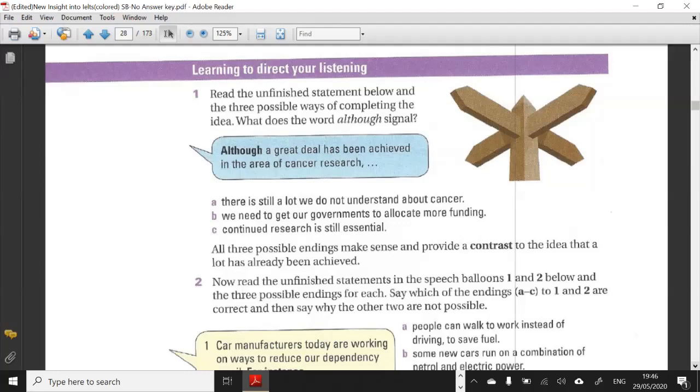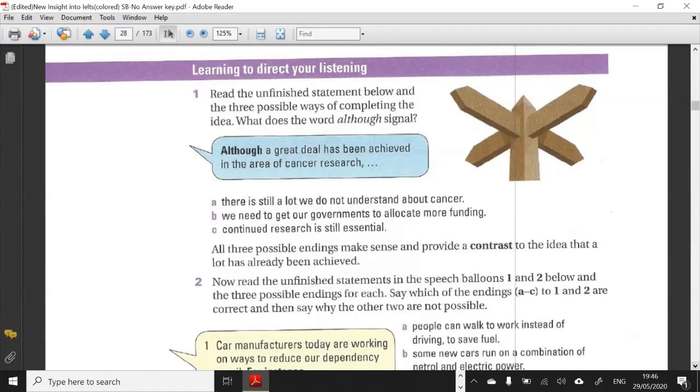So just take 15 to 20 seconds and try to figure out what this sentence means. Is it A, B, or C? I think it's C, continued research is still essential.